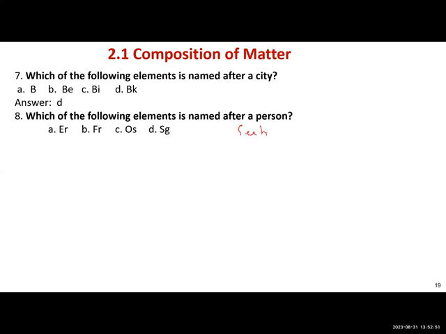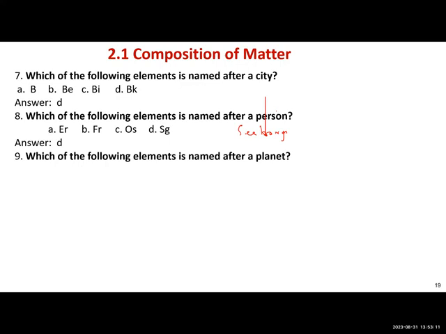His name is Seaborg. That's a B. So answer is D.